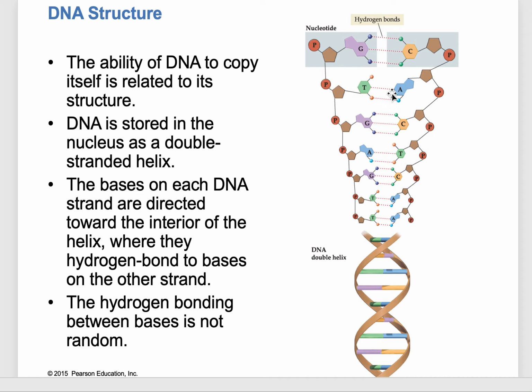The two strands put the bases facing together, and between C and G there are three hydrogen bonds. These hydrogen bonds are from the nitrogens and oxygens with the hydrogens.